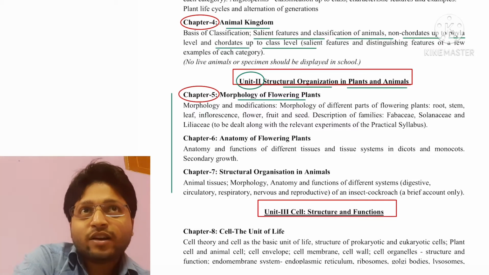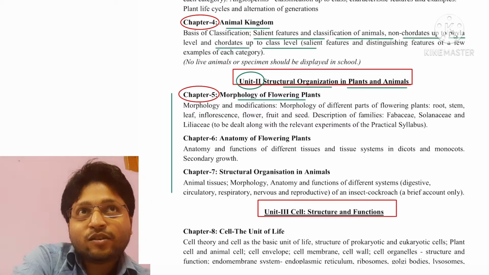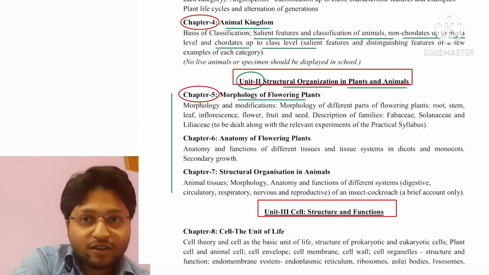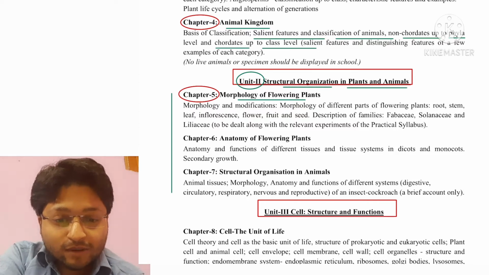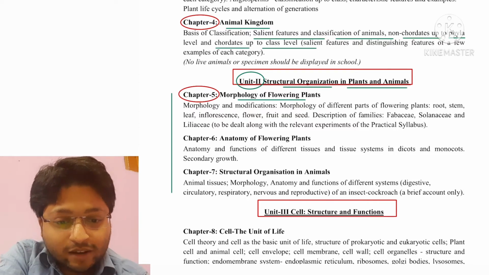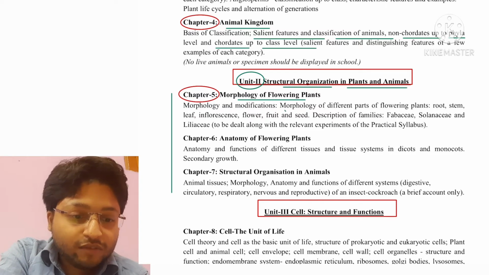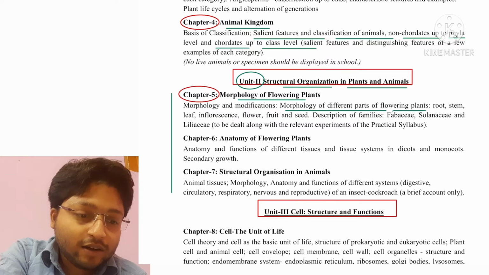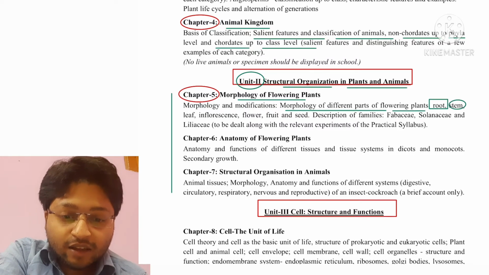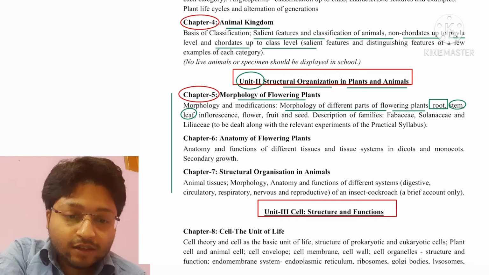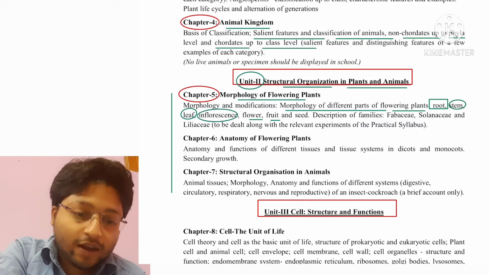Whatever you can see externally is included under morphology. So in this chapter you will learn about the morphology of different parts of the flowering plant like root, stem, leaf, inflorescence, flower, fruit and seed.